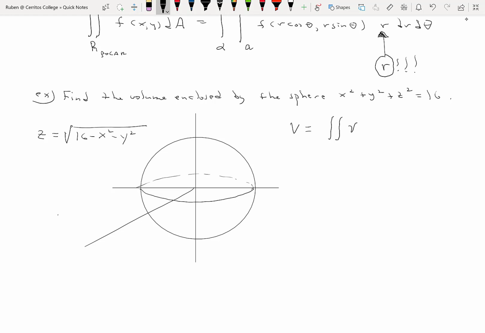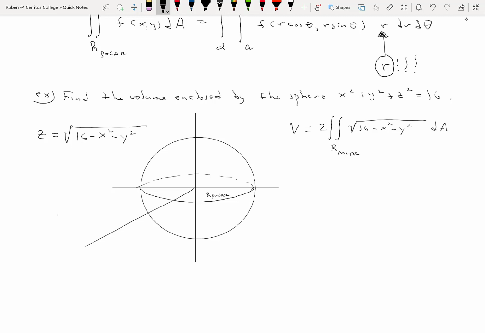So the volume is the double integral of the square root of 16 minus x squared minus y squared dA over the region R, and it's a polar region. It's a circle in the xy plane. The region that we're integrating over is a circle, R polar, in the xy plane. So that's the volume of the upper half of the sphere. Multiply that by 2 to get the lower half as well.